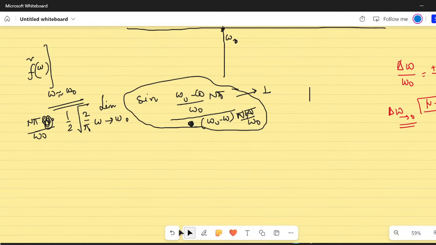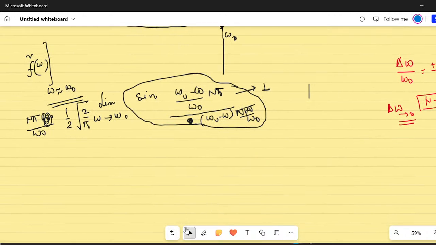Okay, so don't forget what the problem statement is. The problem statement stays the same. Basically, we are trying to make the graph of sine of omega naught minus omega, and here you have, I think, n pi upon omega naught divided by 2 times omega naught minus omega.